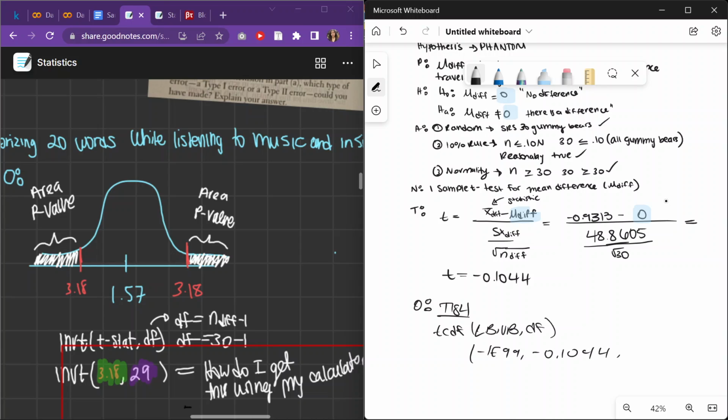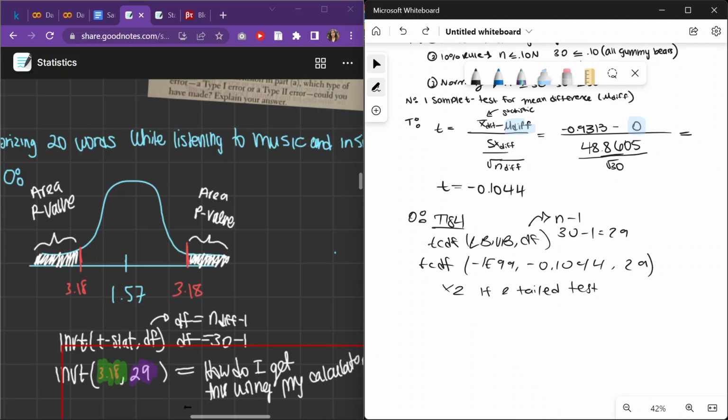Degree of freedom would be 30 minus 1 because the degree of freedom is equal to n minus 1, which is 29. So 29, and then you would use tcdf on your TI-84, and then it would give you that answer, and then you would multiply this by 2 if it's a two-tailed test, which it is, and it's a two-tailed test because we have a not equal sign. So I think that's what it is. Don't quote me on that just yet.